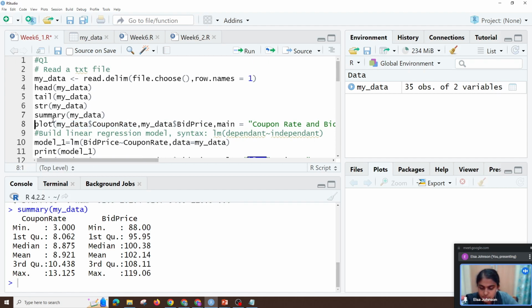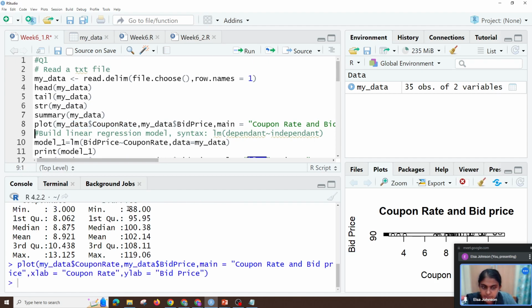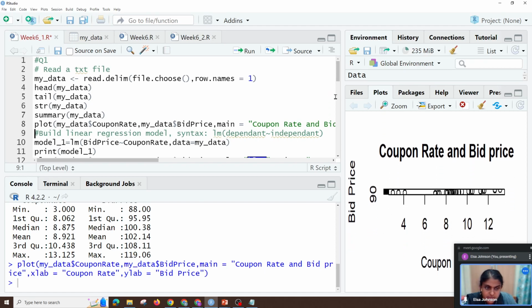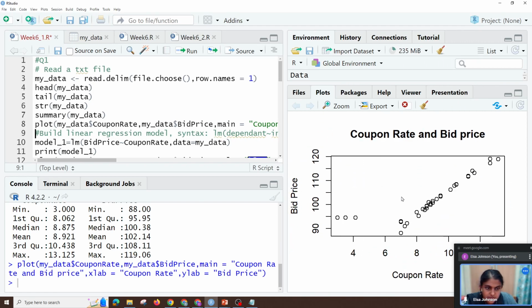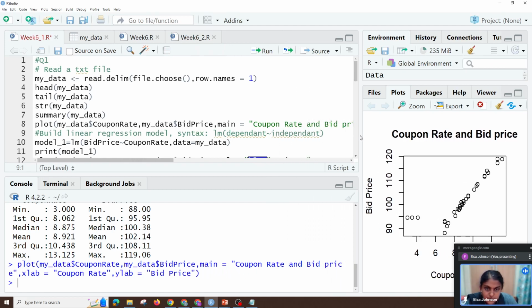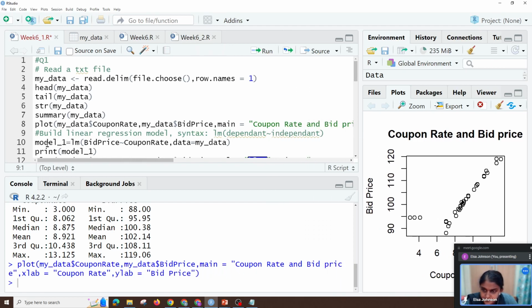If you do it this way, you will get a graph like this. In this graph there are outliers here, and the rest of the points show a linear relationship. The details about this were told in the lectures, so we will move on to the questions.